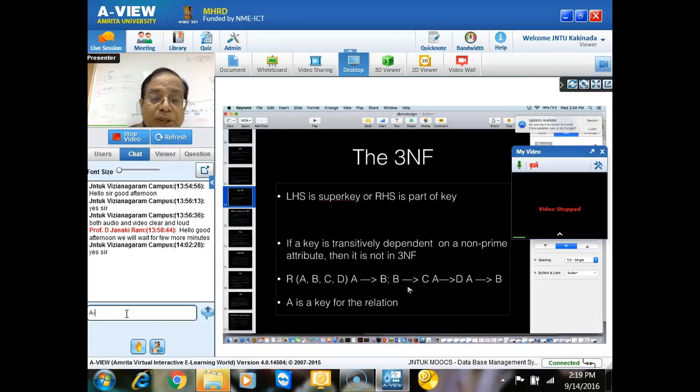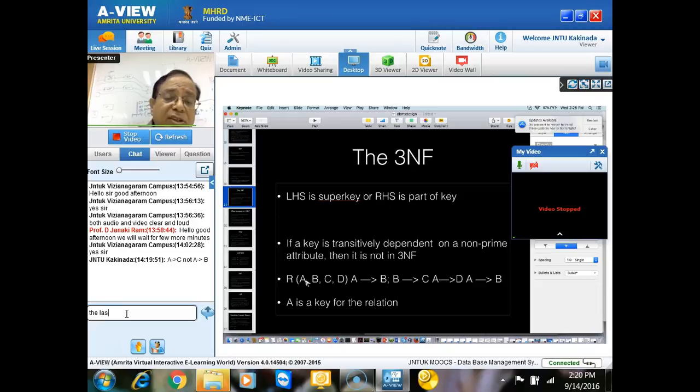There is a transitive determination of non-prime attributes; B, C, D are all non-prime, and only A is the key. Only A is the key for this relation. Given that A is the key, there is a dependency among the non-prime attributes. That is what 3NF will prevent.